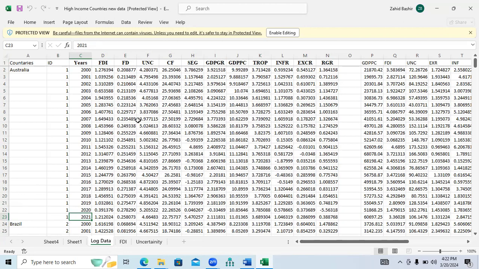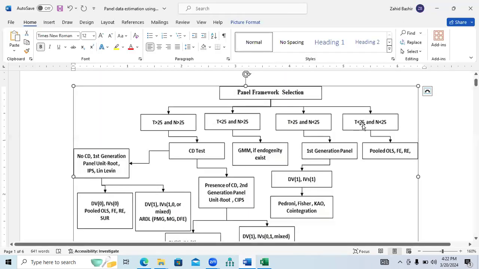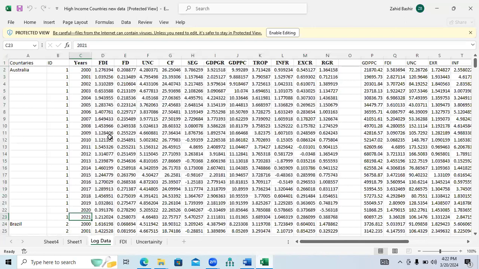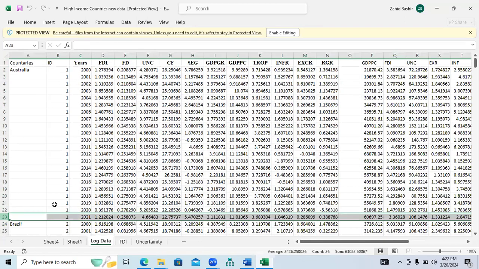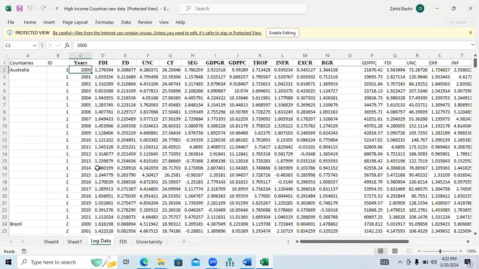So this data set is appropriate for applying the first condition, because we need T less than 25 and N less than 25. In our case, T is approximately 22 years, since counting from 2000 to 2021 gives 22 years.